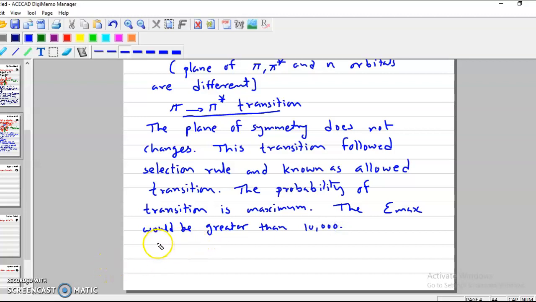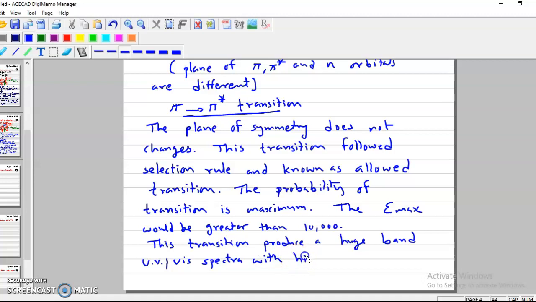This transition produces a huge band in UV visible spectra with high intensity, known as the K band, and K stands for konjugiert, a German word for conjugation.